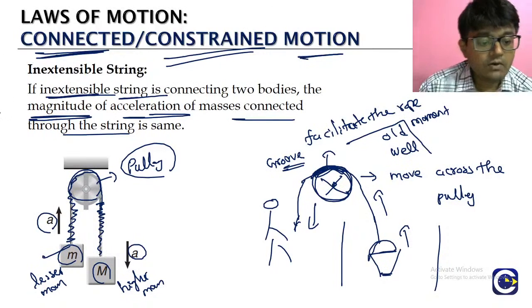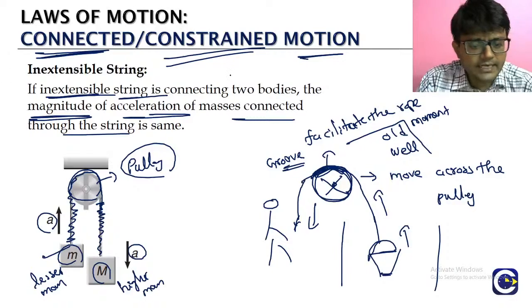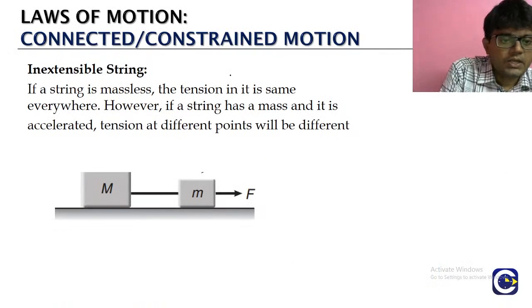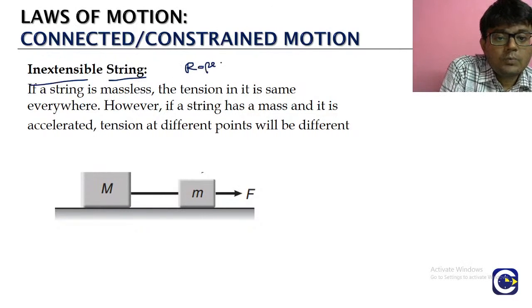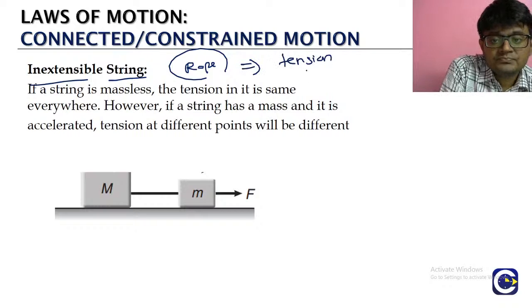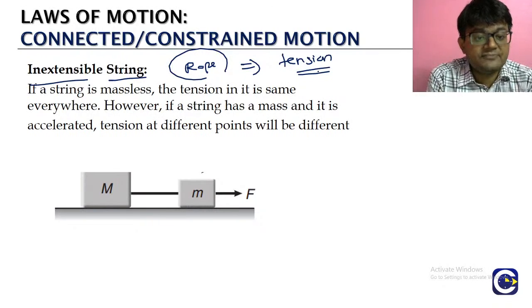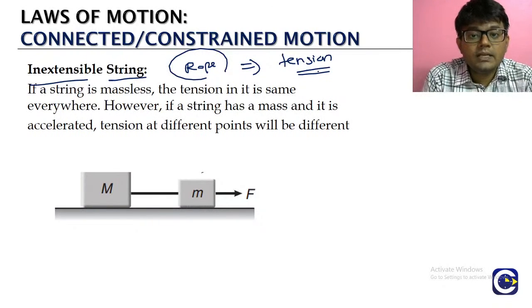Okay. Now we'll look at the concept of rope with regard to the tension, because whenever there is a rope, we said the rope, if it is stiff, will be able to exert a tension force on any body that is connected to it.